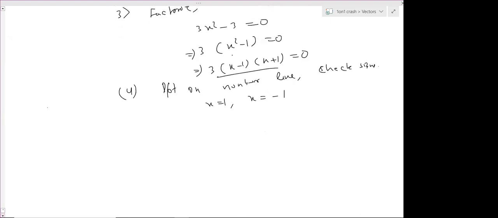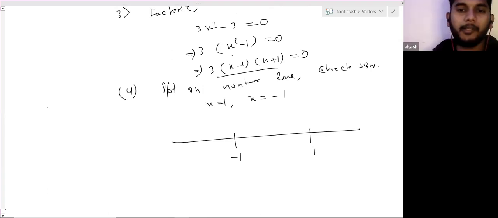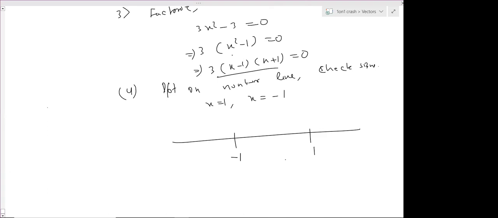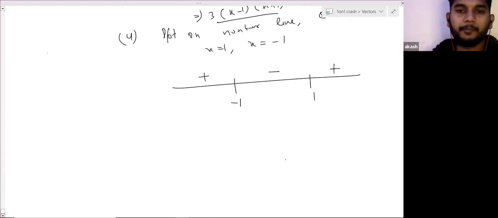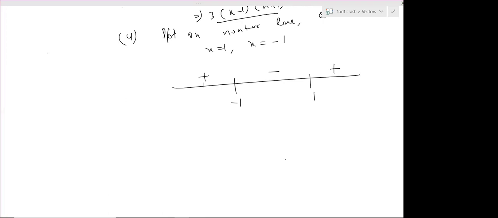So minus 1 and 1 on the number line. Minus 1 comes first. Start from the right-hand side with a plus sign, then negative sign, then plus sign. Clear? All right.